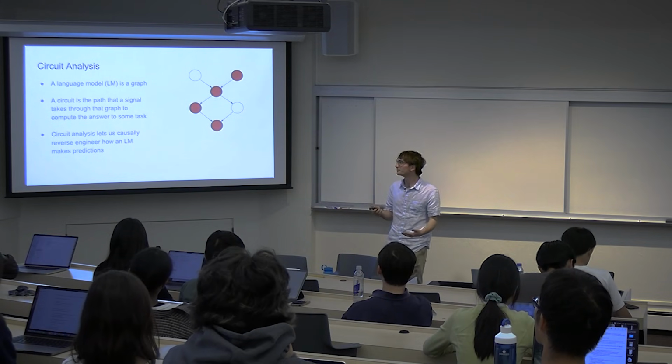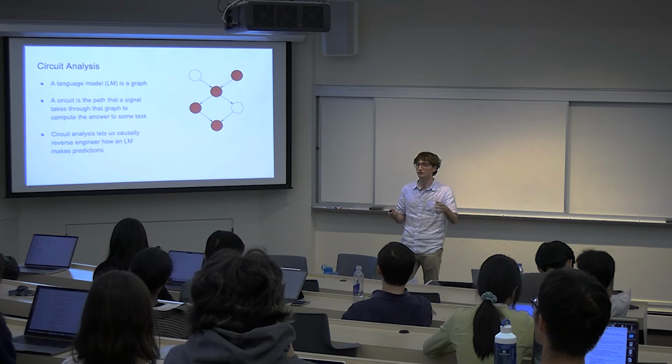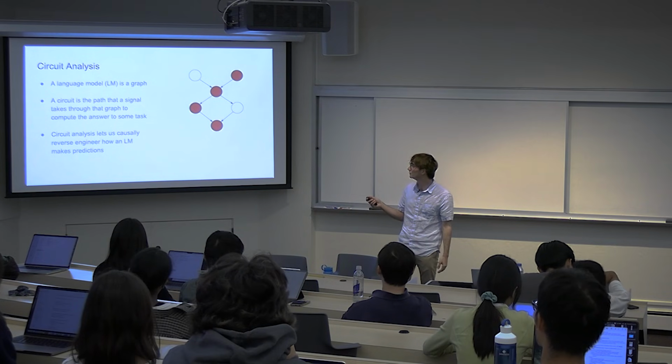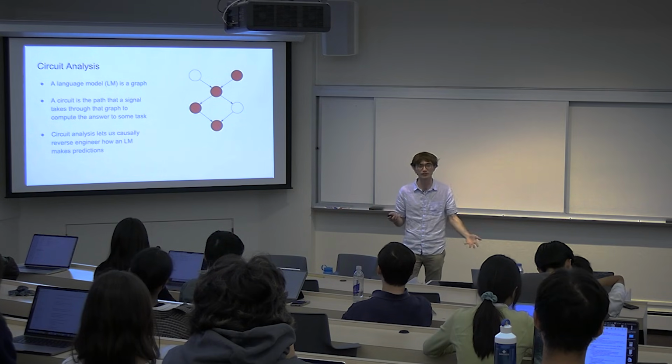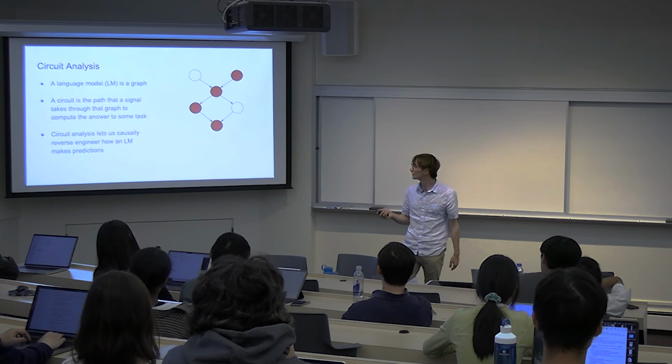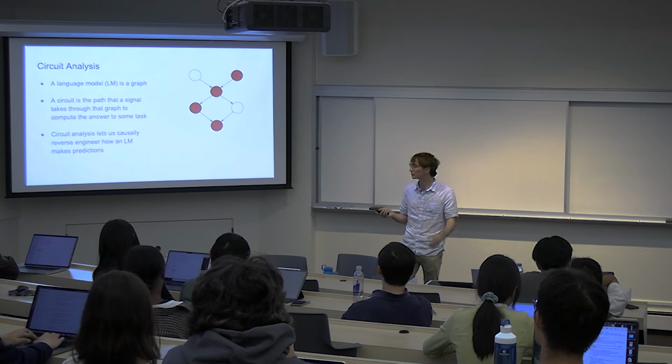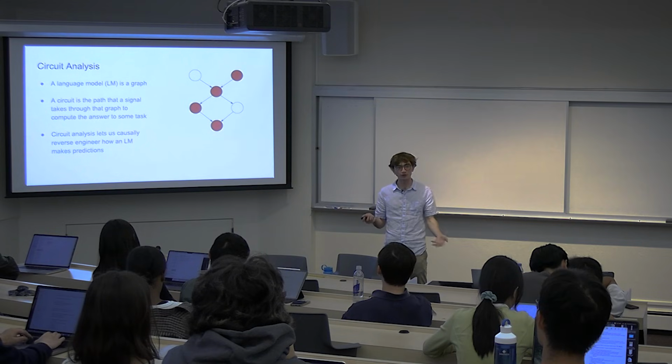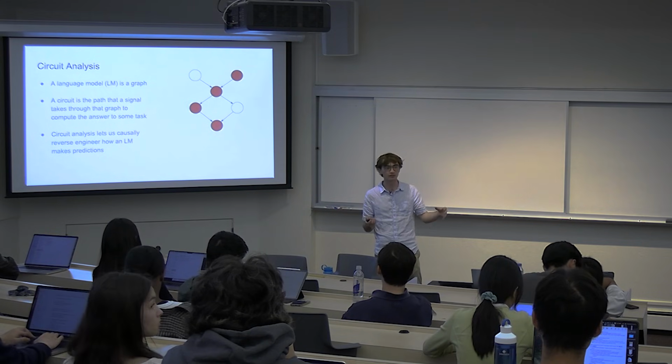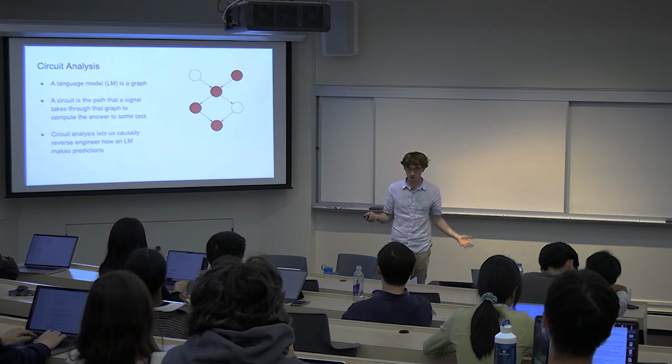So if you were to ablate away all the unused nodes, the prediction wouldn't change much, up to some degree. And the point of this is that it lets us causally reverse engineer what a model is doing when it makes a prediction.